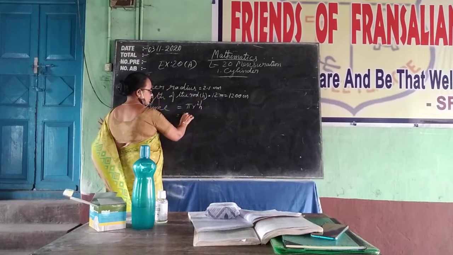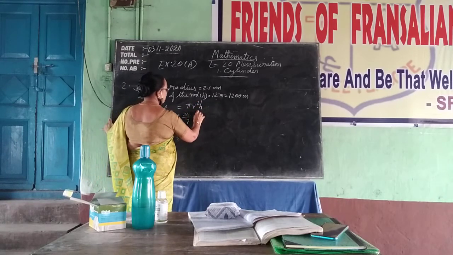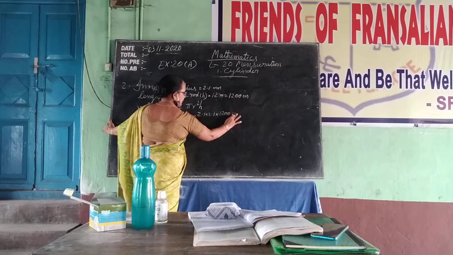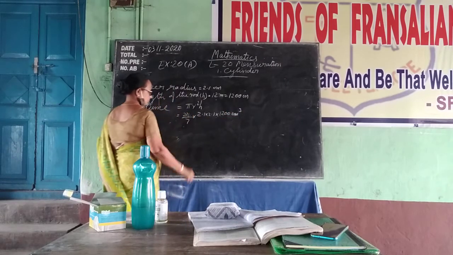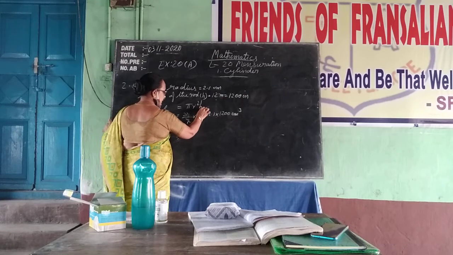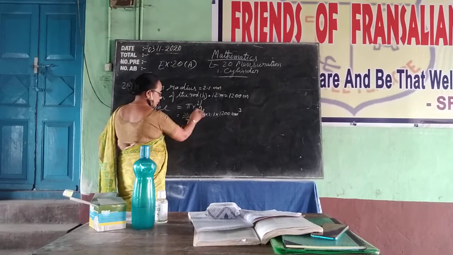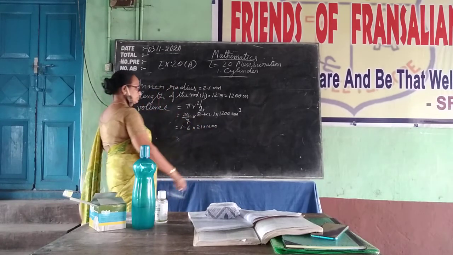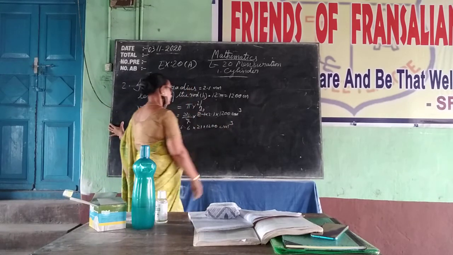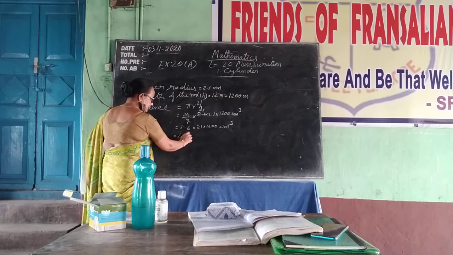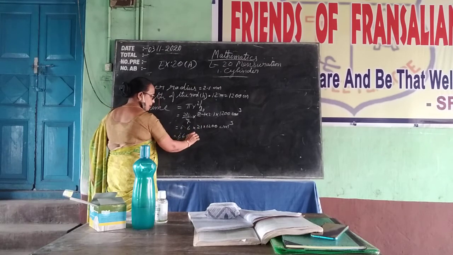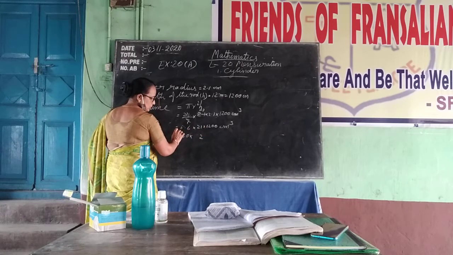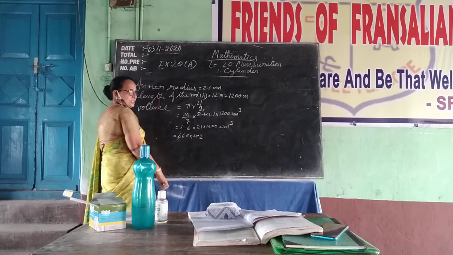Pi r square h. 22 by 7, r is 2.1 into 2.1, h is 1200 centimeter. 7 goes in 2.1, 0.3 times. 6.6, 22 into 3 into 21 into 1200. 660 into 12 into 21 into 12. 12 ones are 12, then 24, 25. 660 into 250.